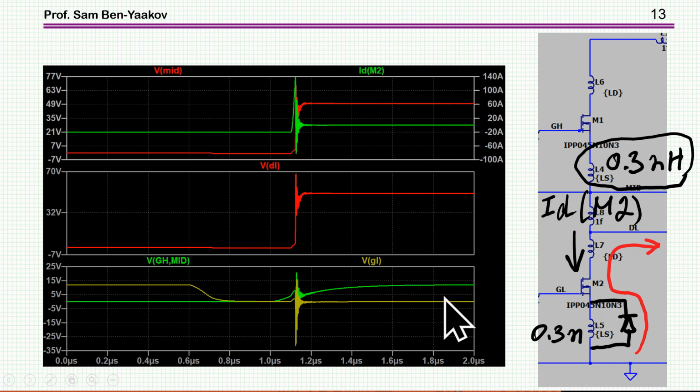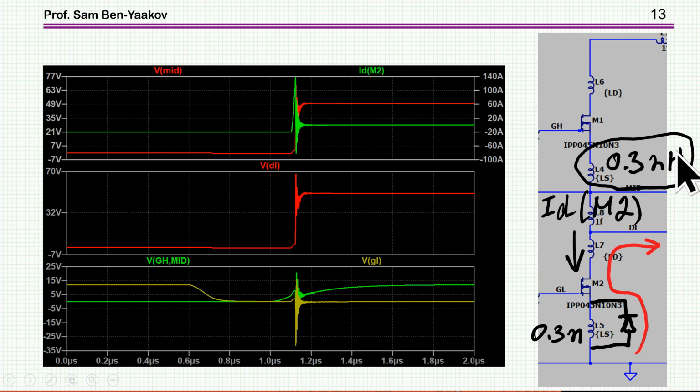Now I'm going to make another change. Again, I've made the bus inductance almost zero, and then I'm going to put inductances at the source of the transistor. This could be an internal inductance in connecting the bonds, connecting the die to the actual terminals of the device, and also can represent some of the interconnection inductances, which I'm showing here.